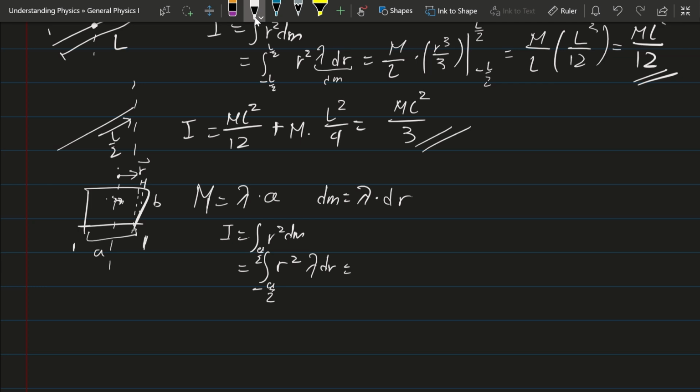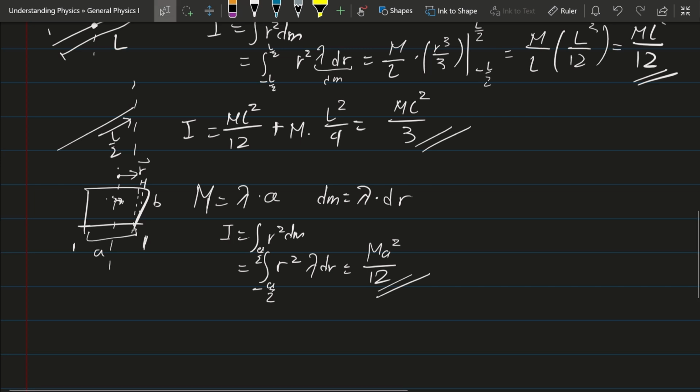This will equal the same result as previously, which is MA squared over 12. So that's something unique. If you extend the object's width in the other direction, it doesn't change its moment of inertia, which is very useful for you to remember because this will later deal with certain symmetries.